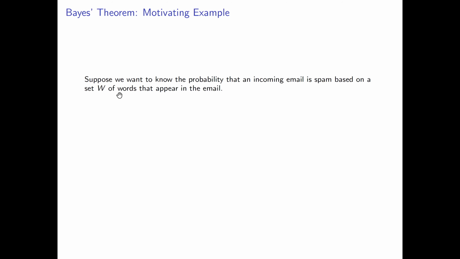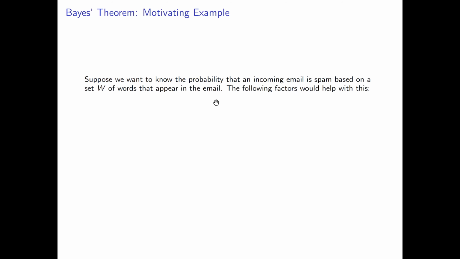Maybe this set W of words is a collection of words that have been known in the past to very frequently appear in spam, and we see that some of these words are in our email. We want to understand, given that these words are in the email, what are the odds that the email is actually spam.